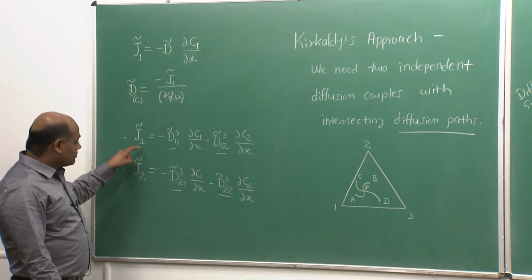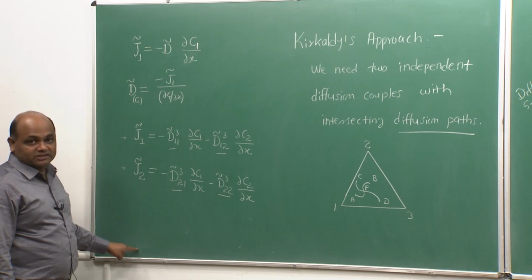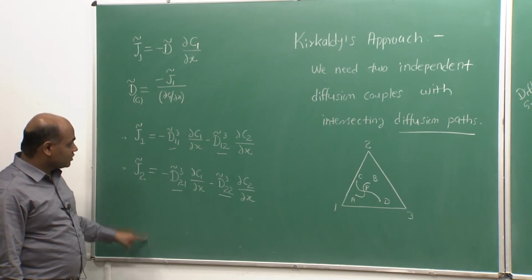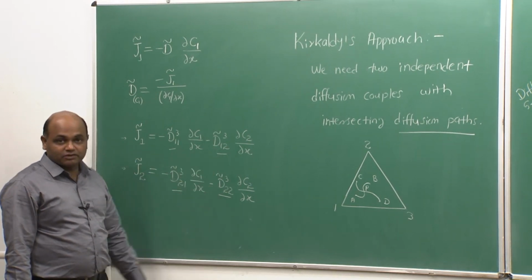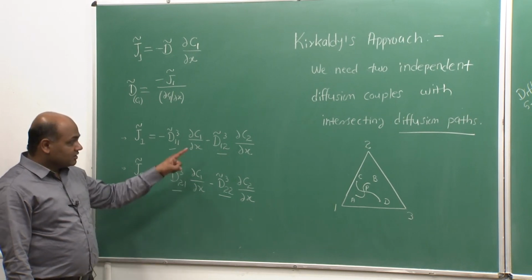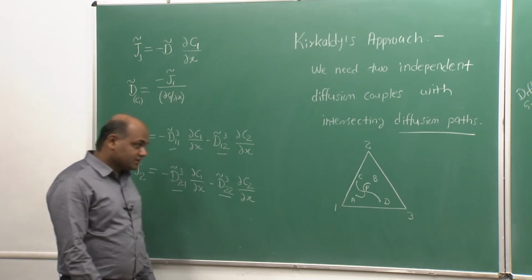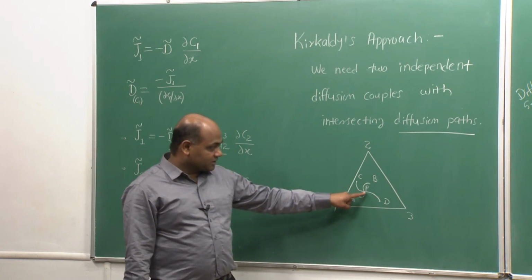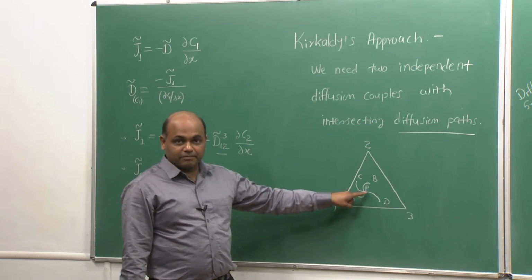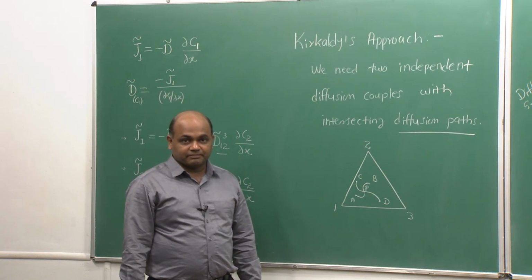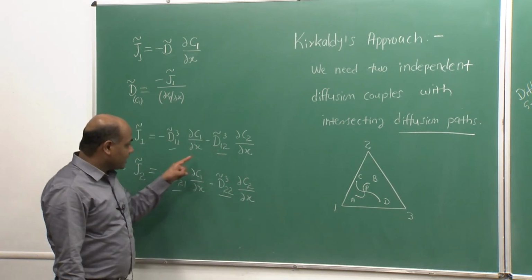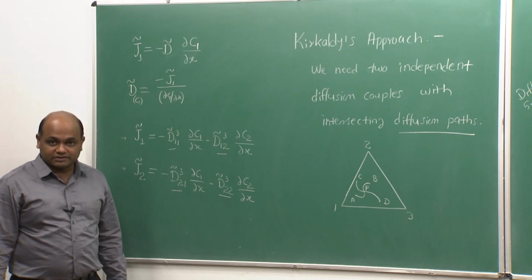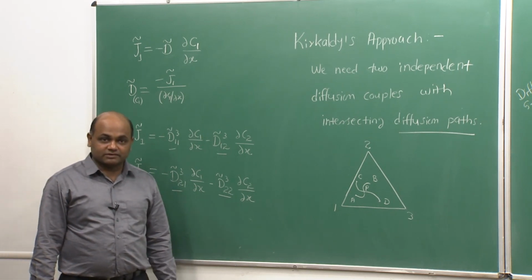This way we have 4 independent equations, and now we can solve those for the 4 interdiffusion coefficients, and those will correspond to the composition at point P, and these are the exact values of the ternary interdiffusion coefficients.